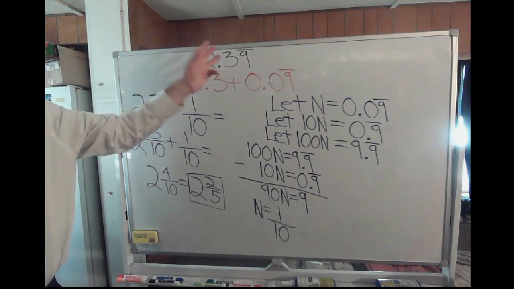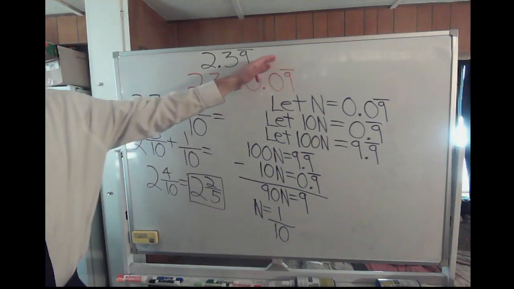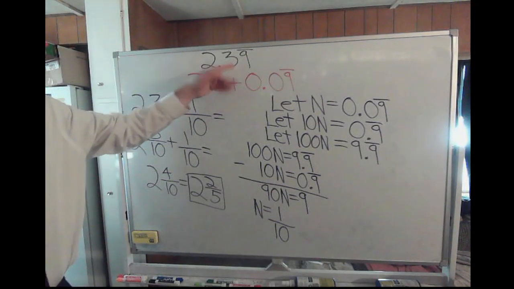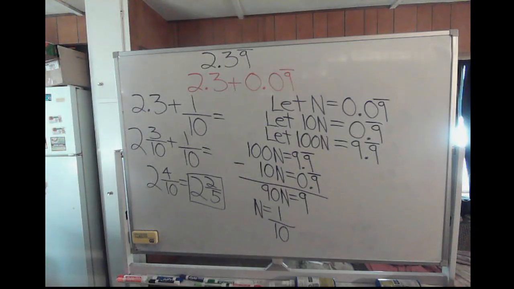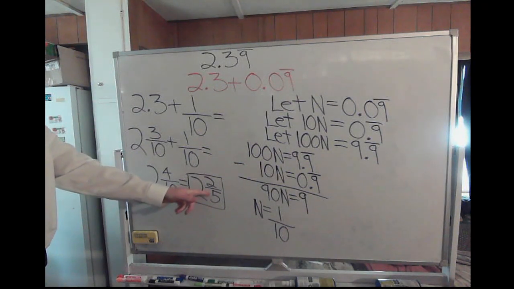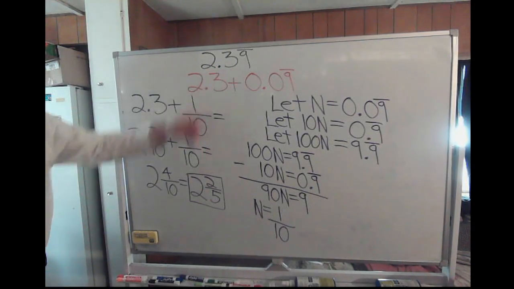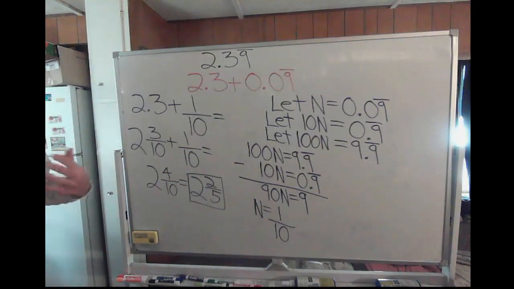You round it in any way, shape, or form, no matter what decimal place it's in, it's going to throw it to 2.4. So this also demonstrates the imperfections of converting these decimals into fractions sometimes. It's not 100% perfect all the time.